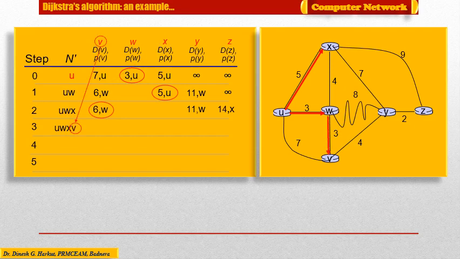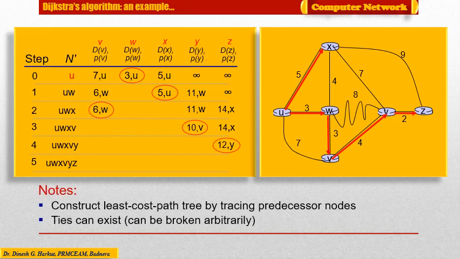The next node we will add is node V, and again compute the values. The next node to be added is node Y. Likewise, we compute the values for each node. This particular path indicates the least cost path for all the nodes.